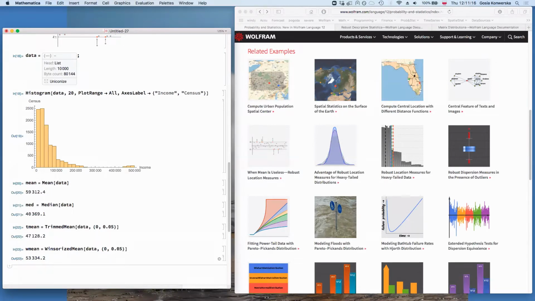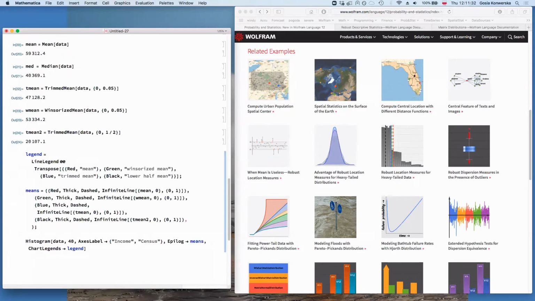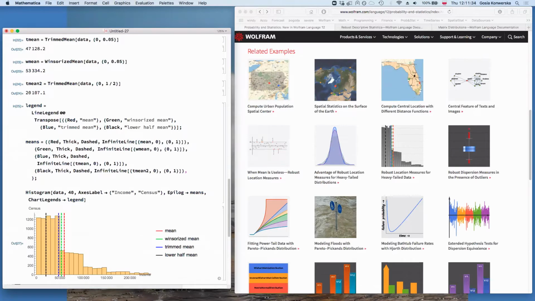We can also compute income for an average person who is in the bottom half of the income distribution. So here we trim the data at half, so at 50%. And this plot should give us some more idea how all these means are located and give us information about the locations. Okay.